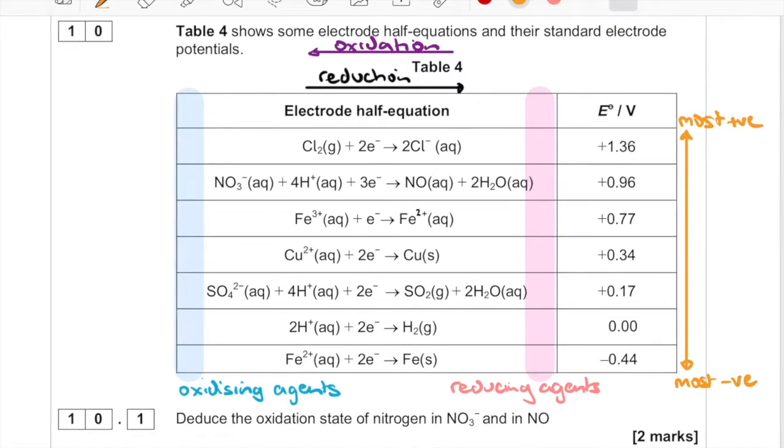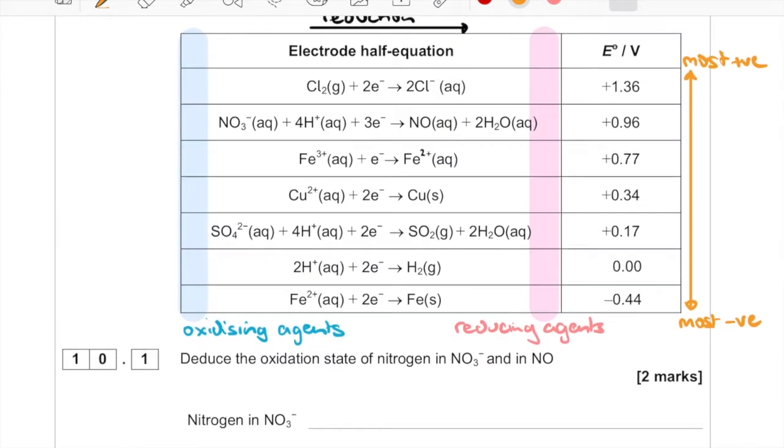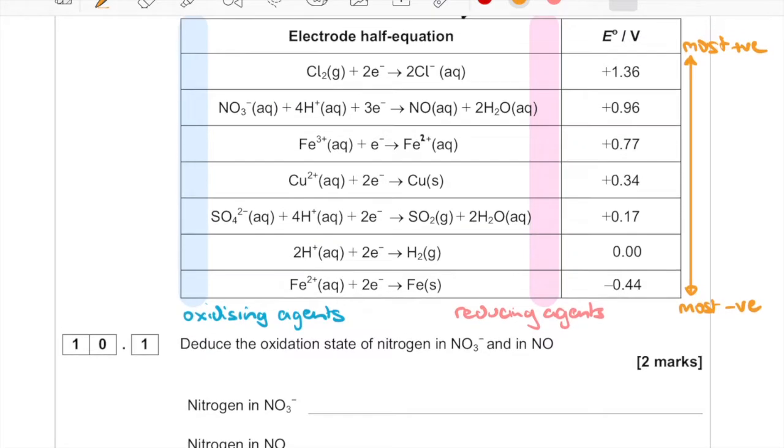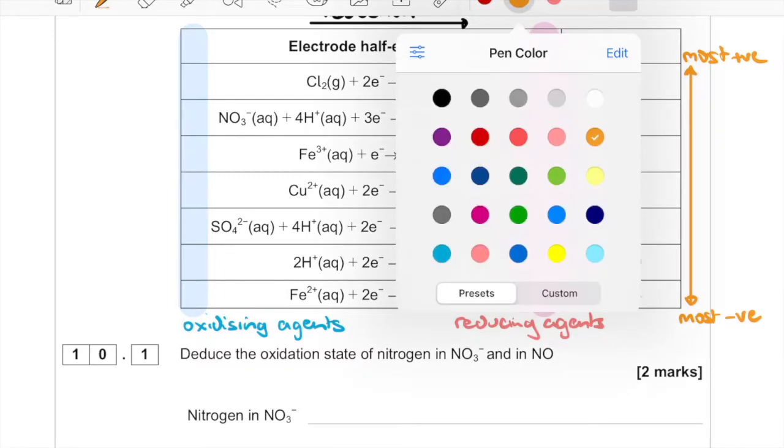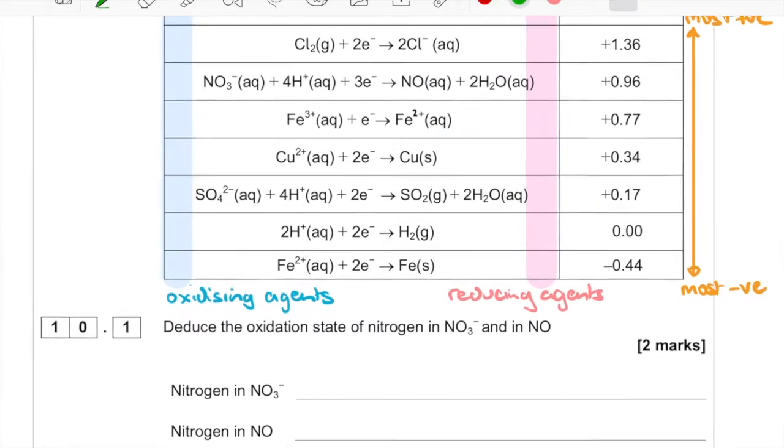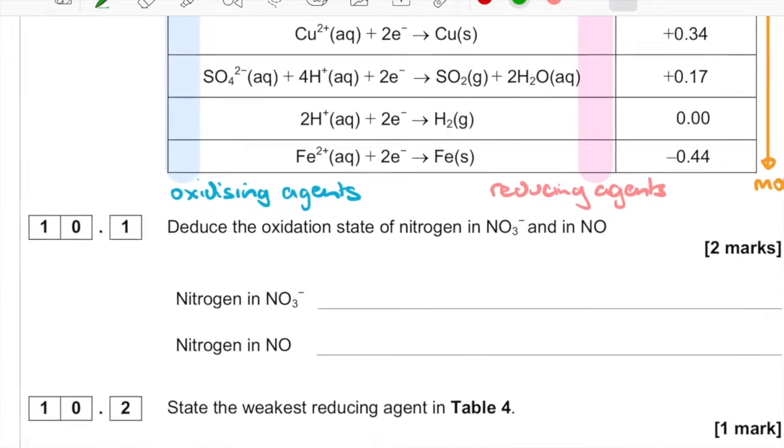All right, the first question is really a year 12 question because it's asking us to work out the oxidation state of nitrogen in NO3-, or nitrate, and in NO. So hopefully this is a fairly straightforward question.